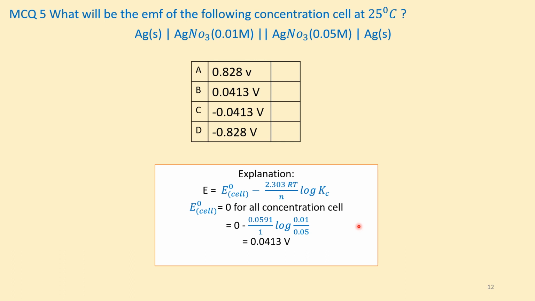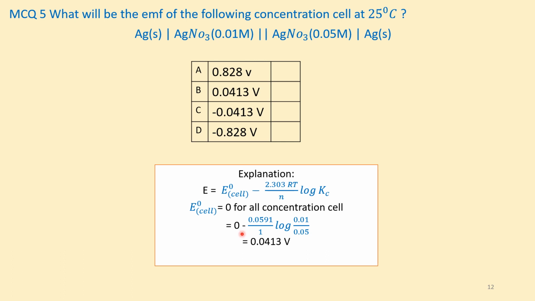So here we have to do some explanation. We know that electrode potential E equals E naught cell minus 2.303 RT divided by nF log of Kc. But E naught of cell is 0 for all concentration cells. So it is given that it is a concentration cell, so E naught is 0 here.